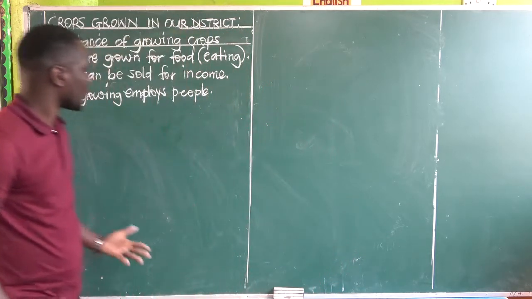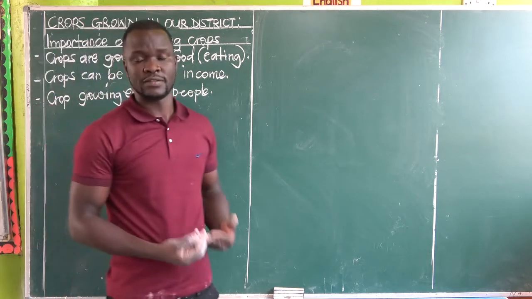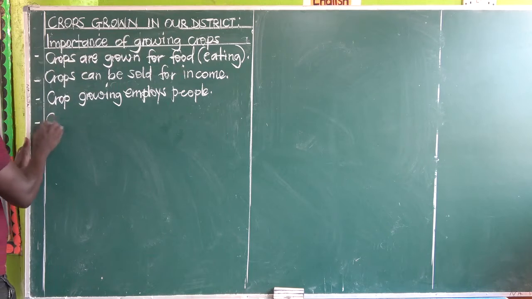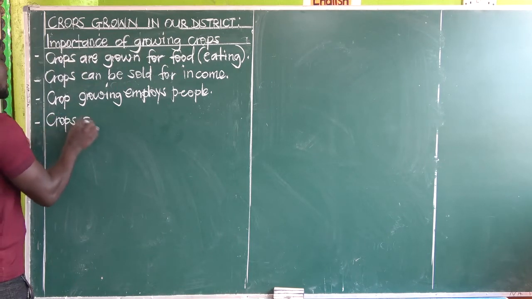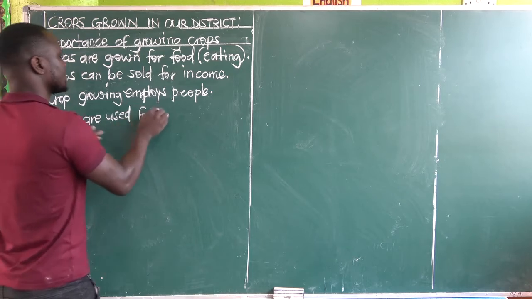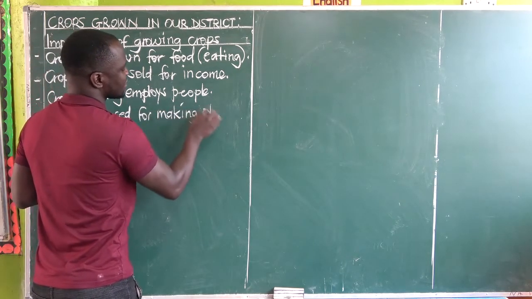And then we also talked about these products which are made from some crops. So for that case, we shall be saying crops are used for making other products.